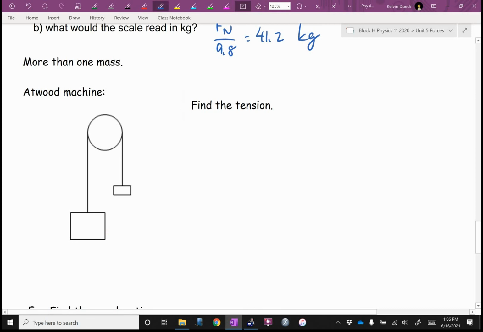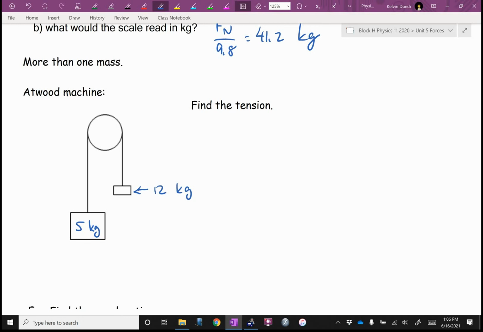Just to annoy you, I'm going to make the mass that looks larger lighter. Maybe this is lead and this is wood. So read the numbers, don't just go by the shapes. I'm terrible at graphics, and so I'm stealing clip art from the internet, is what I typically do.